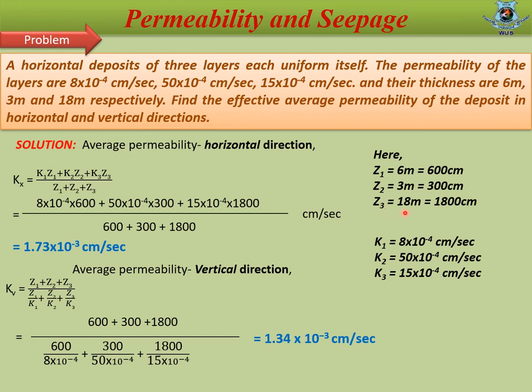Z3 equal to 18 meter equal to 1800 centimeter. K1 equal to 8 into 10 to the power minus 4 centimeter per second. K2 equal to 50 into 10 to the power minus 4 centimeter per second. And K3 equal to 15 into 10 to the power minus 4 centimeter per second.